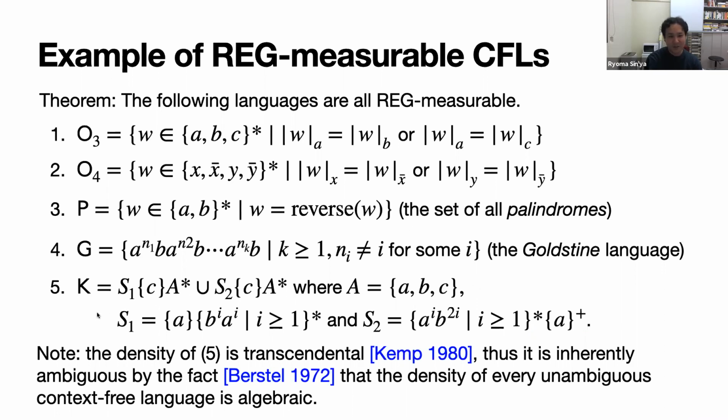But the special property of this language K is that its density is non-algebraic. So in this sense, the language G and especially K are very complex from a combinatorial viewpoint, but it is actually easy to approximate.